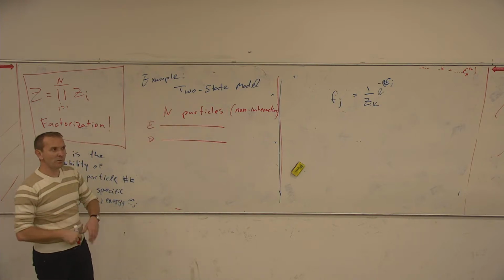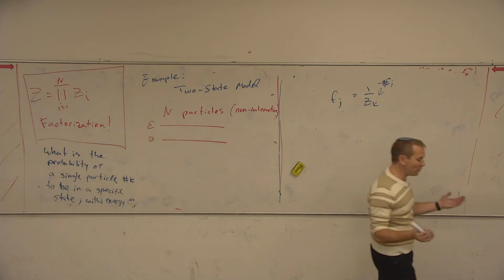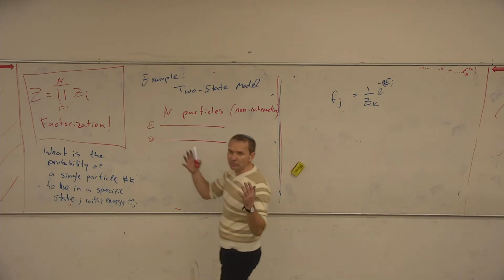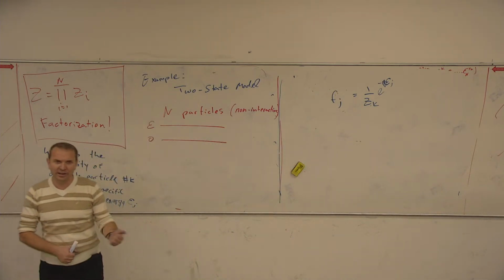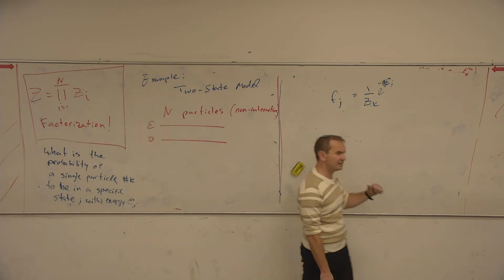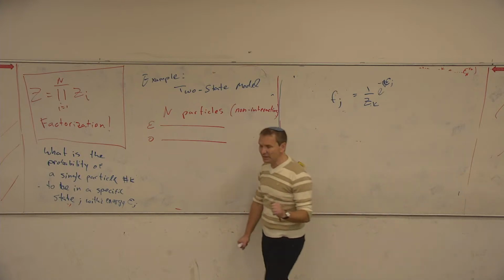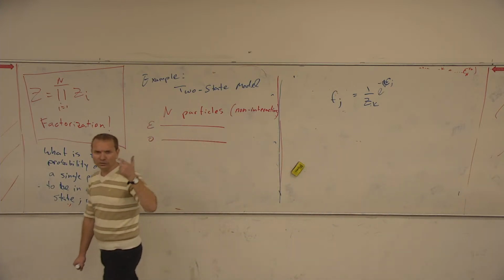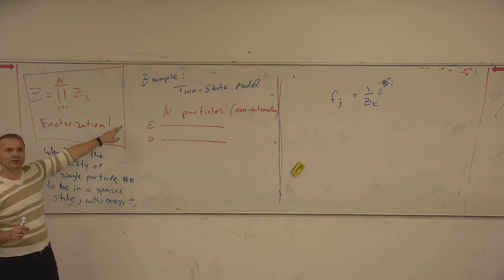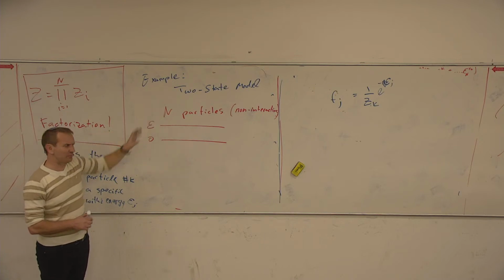I want to compute something, anything. I want to compute the pressure, I want to compute the energy, I want to compute something about the system. How do I do it? In the microcanonical ensemble, I had to assume there is an energy and there is some combinatorial problem that I needed to solve, because I needed to count all the different states that fit exactly to my energy. What I'm doing here, I'm looking at this and saying, well, all the particles are exactly the same.